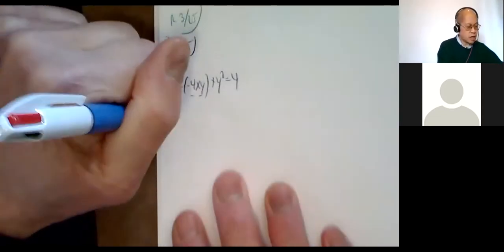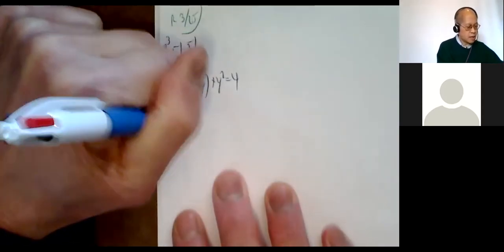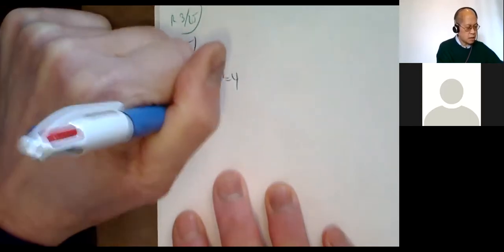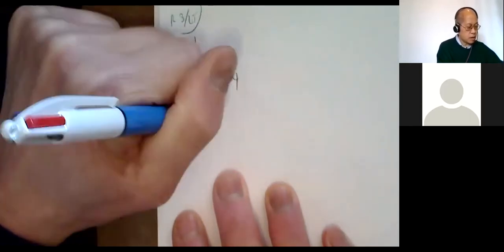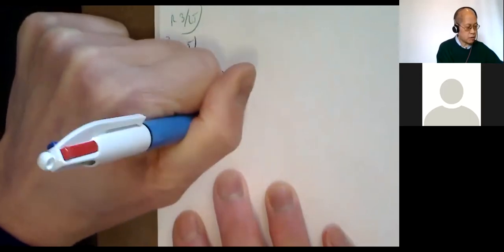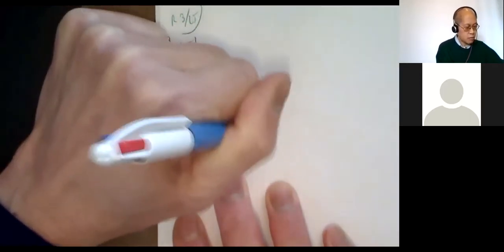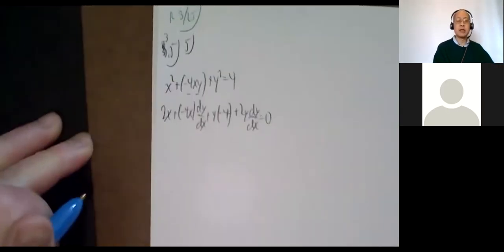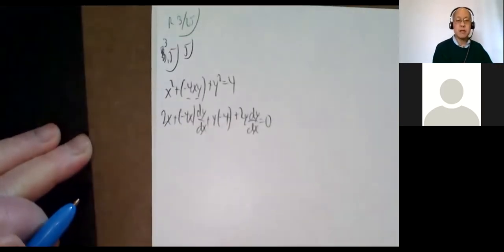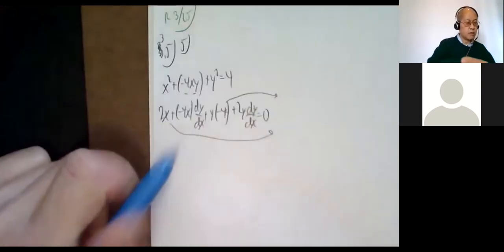Okay, implicit differentiation, 2x plus negative 4x dy dx, product rule, plus second times the derivative of the first, plus 2y dy dx, and that's equal to 0. Okay, so all the dy dx stay on one side, the others go on the other, so that goes over, that goes over.